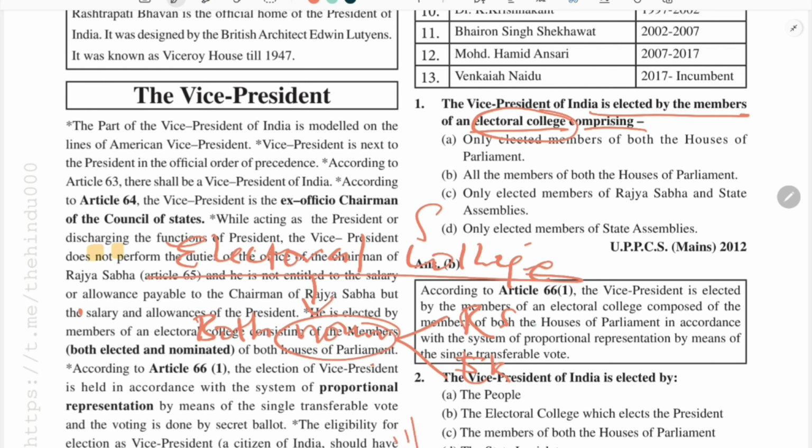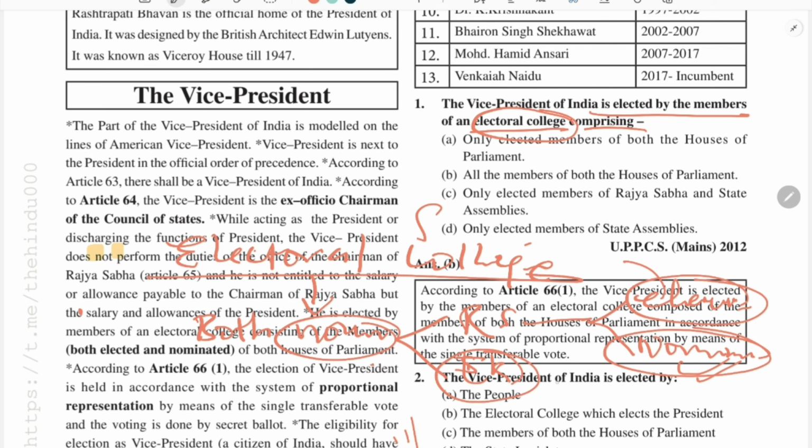And we all know that Rajya Sabha has some elected members and some nominated members. Though we know that this is an indirect election, they are called elected members, and these are the persons who are nominated by the President of India.